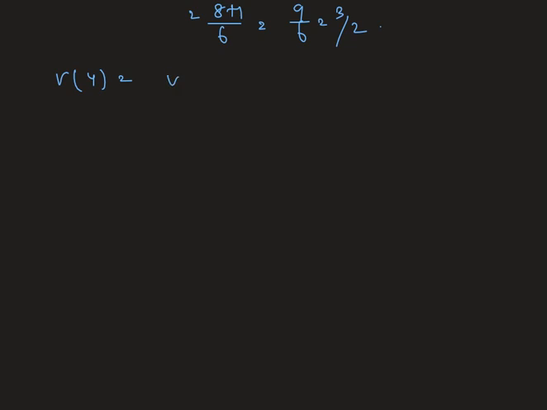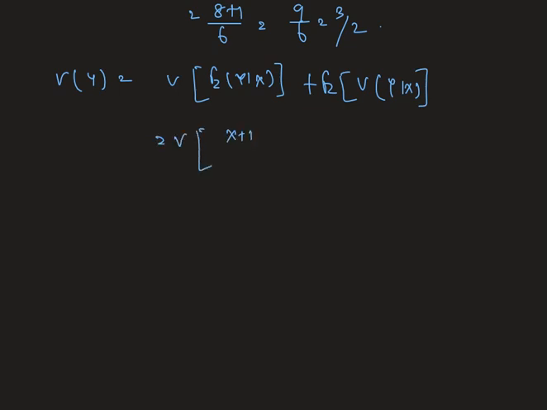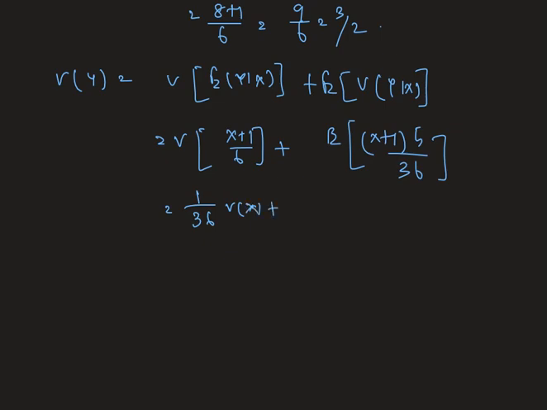Now variance of y can be written as variance of expectation of y given x plus expectation of variance of y given x. Now expectation of y given x is x plus 1 by 6, and variance of y given x is x plus 1 multiplied by 5 by 36. So we get 1 by 36 variance of x plus 5 by 36 expectation of x plus 1.